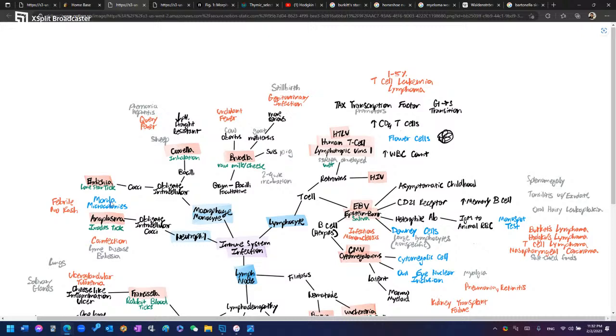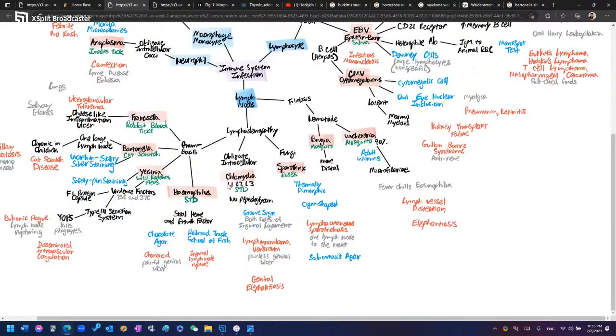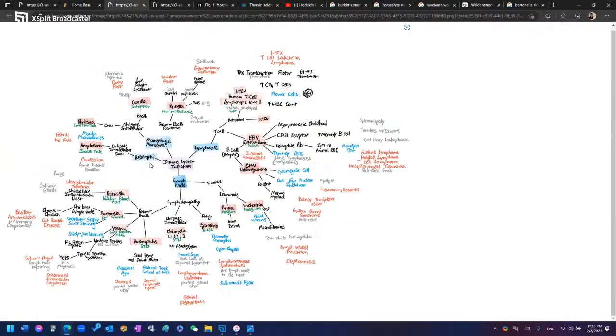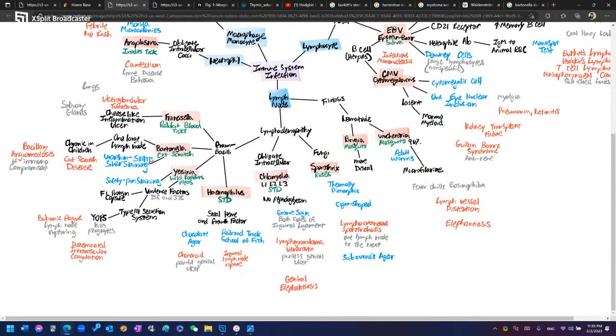Ehrlichia and Anaplasma are your classic tick ones that have to be inside. Coxiella and Brucella, not so. Francisella, we have to remember, is the big rabbit blood one that causes lymphadenopathy. Bartonella cat scratch, which we already learned over here actually, is also involved in the lymph nodes.